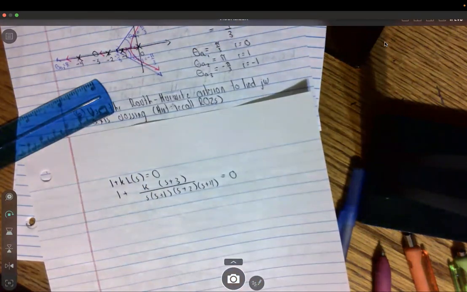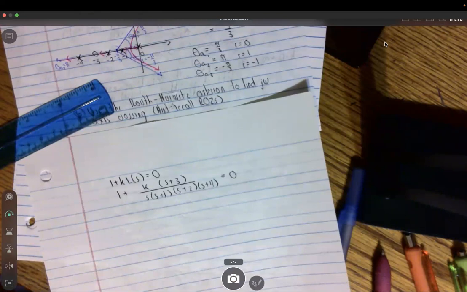Okay, now that we have that, this was determining our open loop gain.